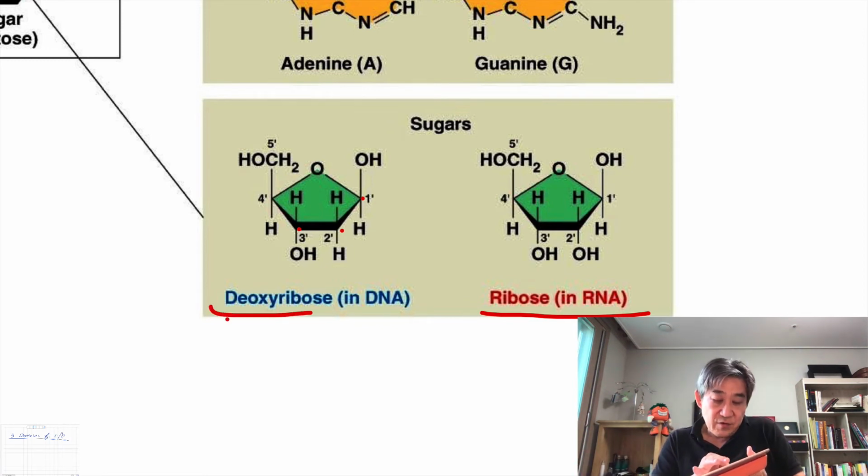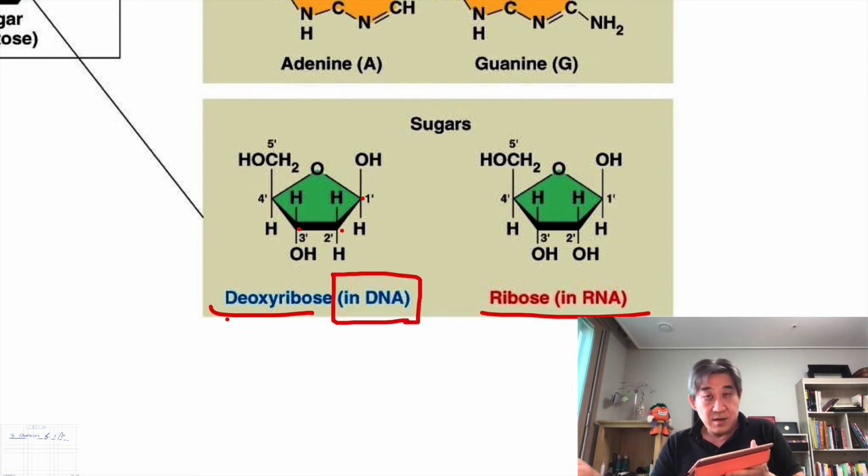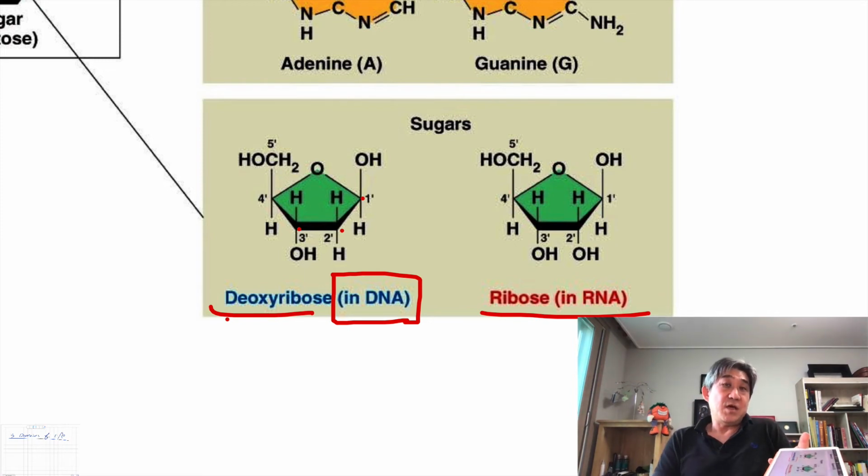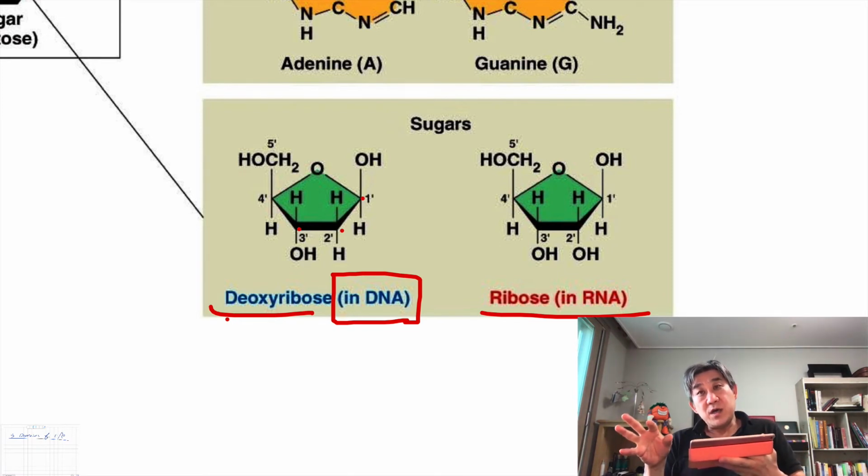So this deoxyribose only appears in the nucleotides included in the DNA. Only DNA-making nucleotides contain the 5-carbon sugar deoxyribose, whereas in RNA-making nucleotides the other type of sugar, ribose, appears.